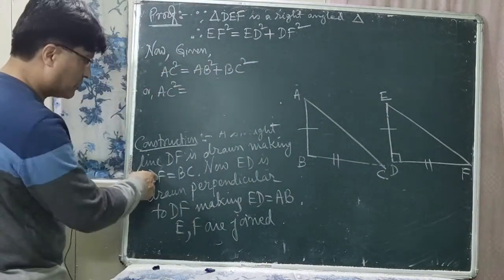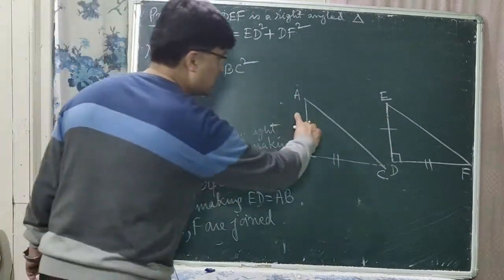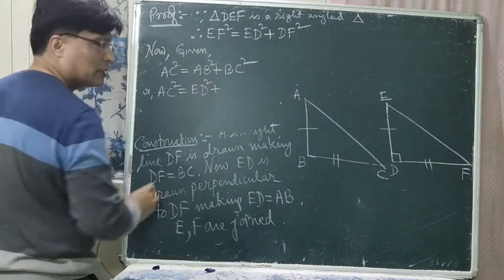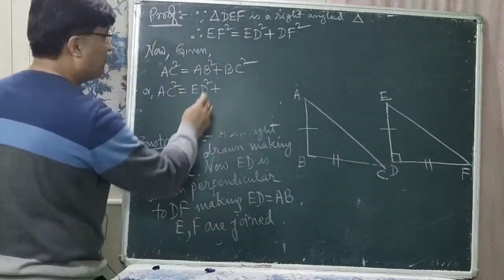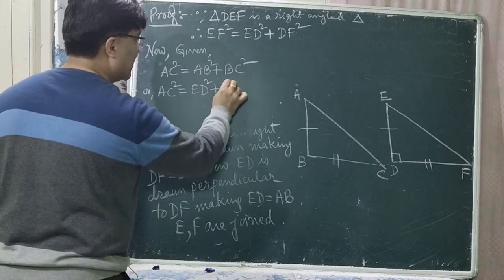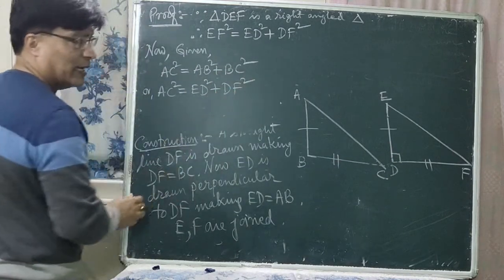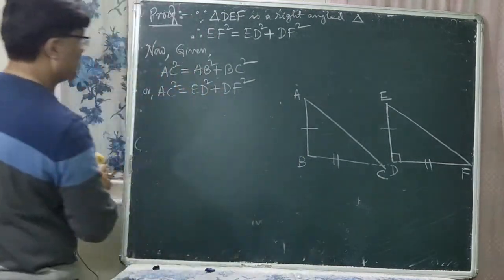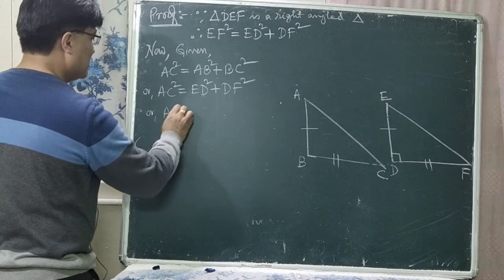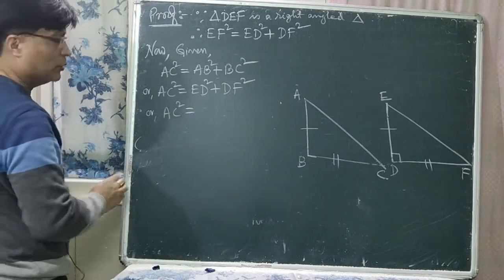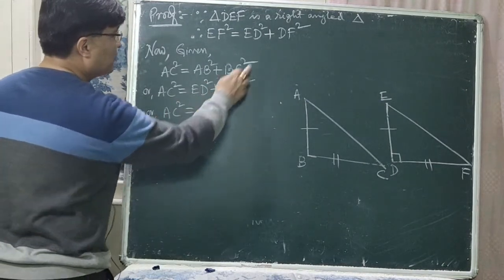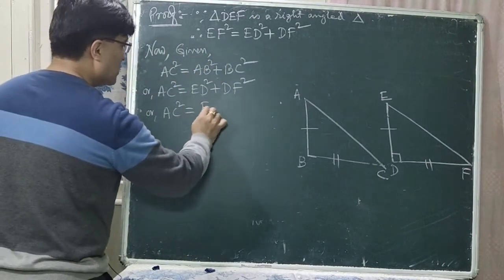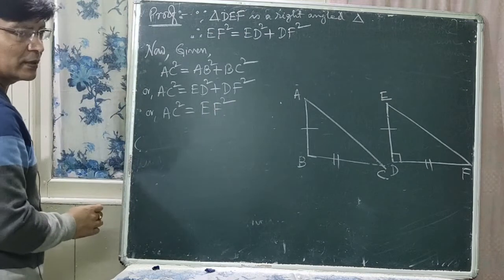In the construction part we have drawn it, that is AB is equal to ED, so this is your ED square plus, and also BC is equal to DF. That means instead of BC what can you write? It is DF square. Is that clear? So now next, AC square is equal to ED square plus DF square, which from this part is your EF square, isn't it? So it is EF square.